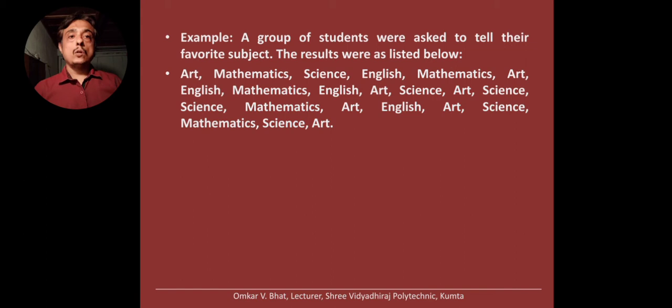So in order to draw a pie chart, you need to organize this particular data set. So in order to organize this data set, you have to draw a frequency distribution table or relative frequency distribution table.